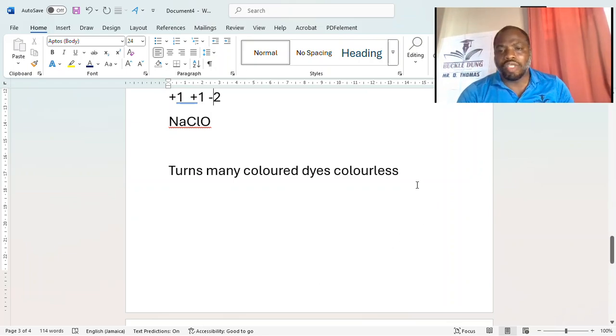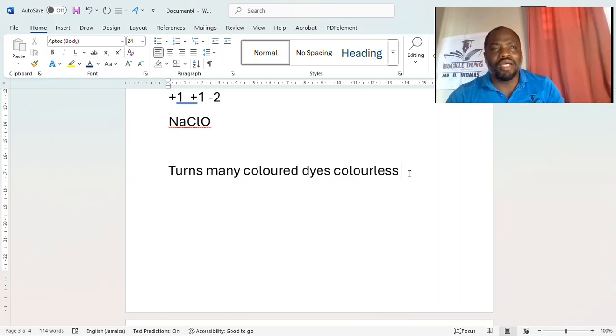And so sometimes you have to be careful what you put your bleach on, because if you put it directly on your colored clothing, you may see the clothing start to develop little holes. And it is due to how we go about washing it.